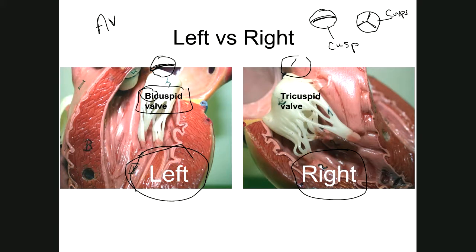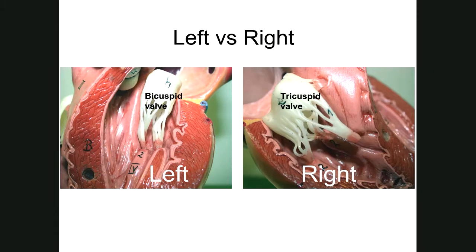And if we count how many little cusps it has, 3, it's the tricuspid valve. Does it make sense? So not only are they called left and right AV valves, they're also called bicuspid and tricuspid valves.